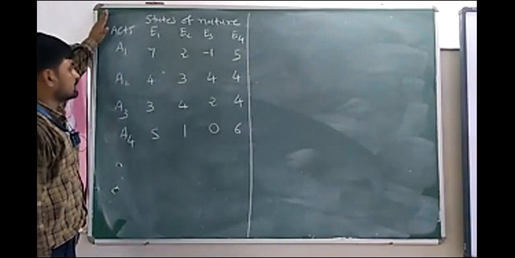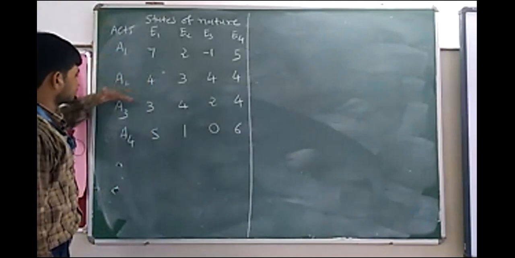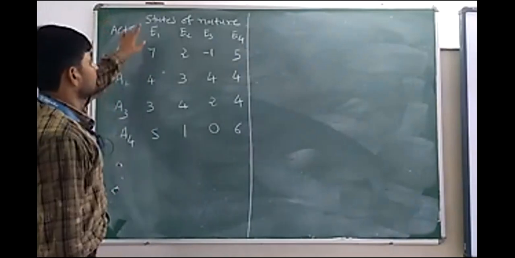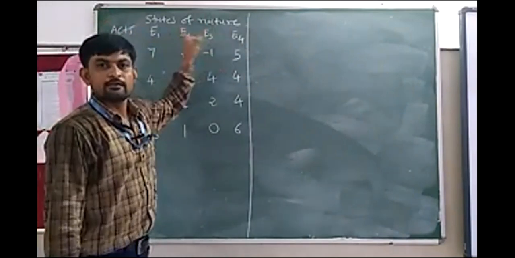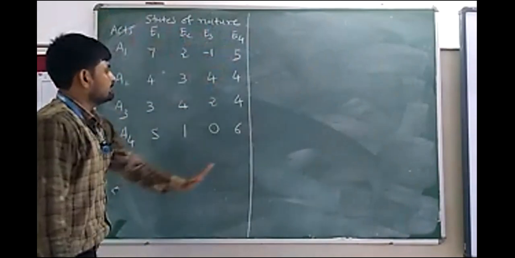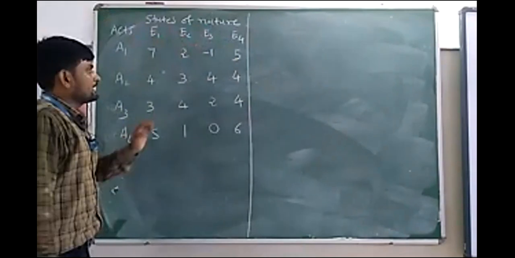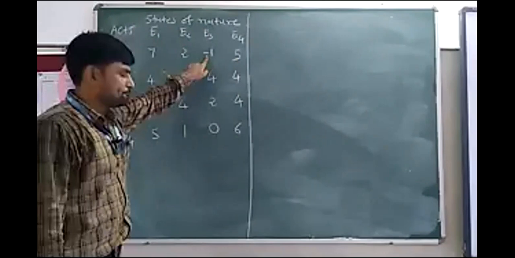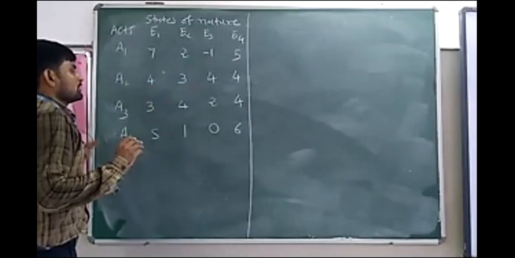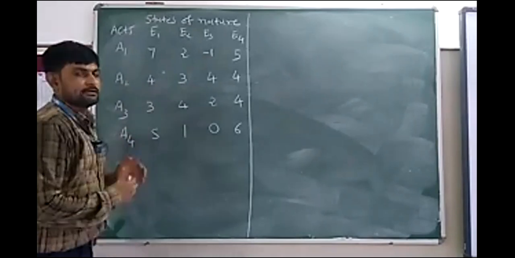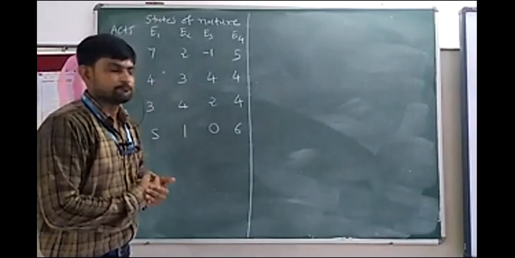So basically, in the question, we have 4 acts, A1, A2, A3, A4, and 4 states of nature, E1, E2, E3, E4, and in between, we have been given profits. And this negative sign indicates loss. Okay? Now, first we'll use the Maximax criterion and find the solution.